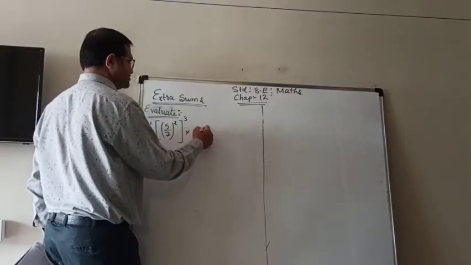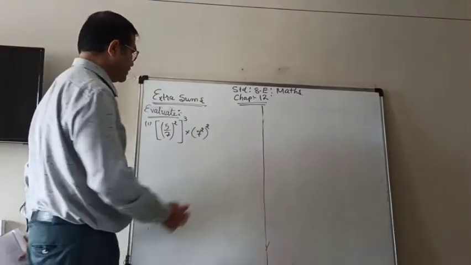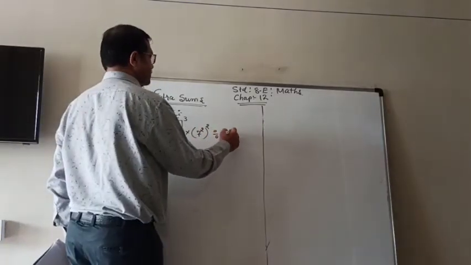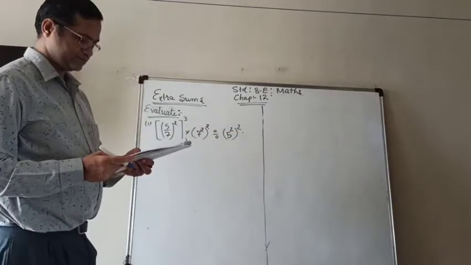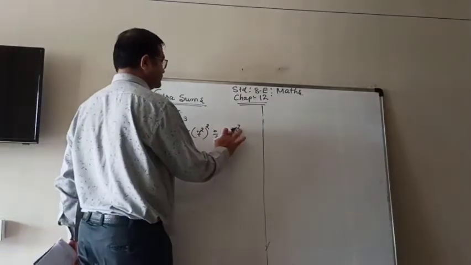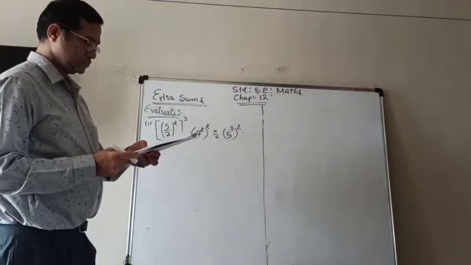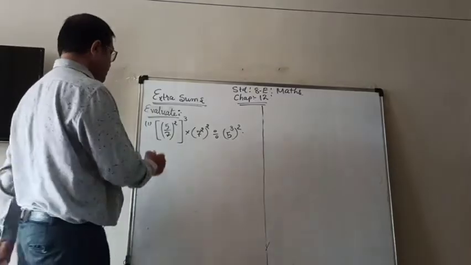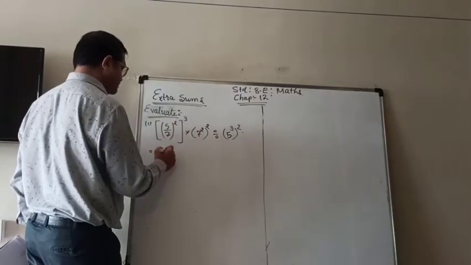Multiply by 7 squared and again squared. Divide by 5 squared and again squared. Sorry, 5 cubed and again squared outside. Yeah. So here you can see that it is power of power. So first we will do that one.